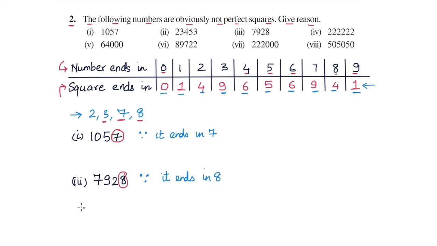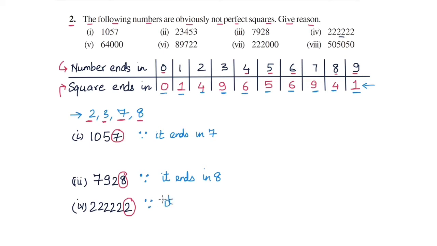Now, in the fourth part, we have 6 times 2, right? So let me write 1, 2, 3, 4, 5, 6. So this is your number. Now if you see, 2 is the ending number, and as we have learned, ending with 2 will not give us a perfect square number.